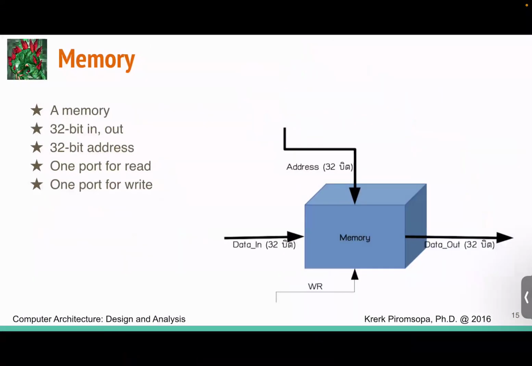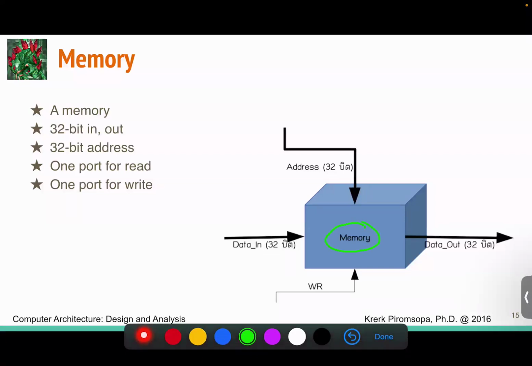The memory. Without taking a look at the inside of it, think of it as a big array where you put the address in, you get the data out. And when you want to write to it, you put data in and you say, I want to write to this address, like that.